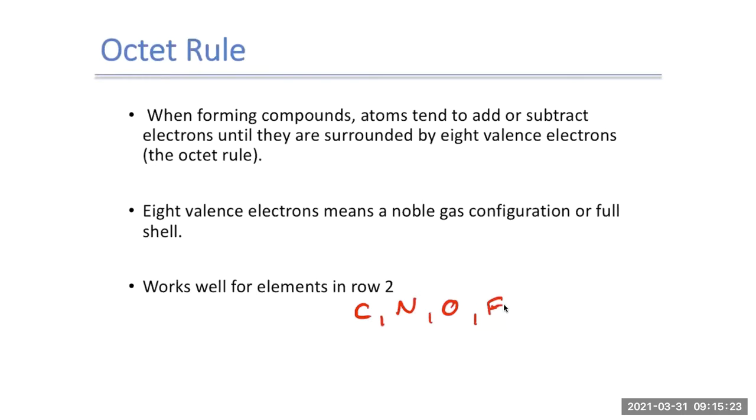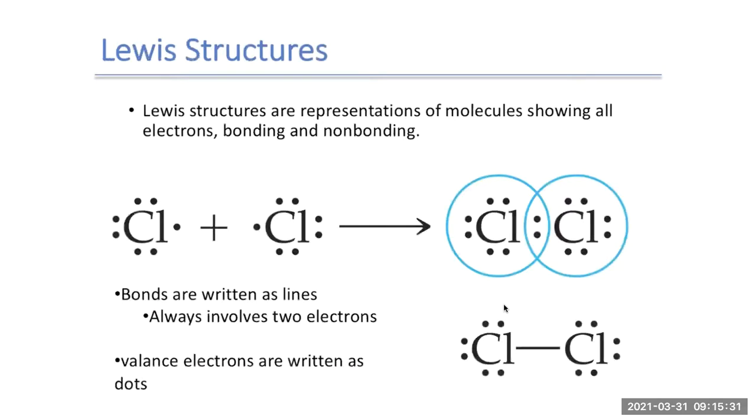So now we're going to use the octet rule to start drawing our Lewis structures, or start drawing what the structures of our covalent compounds look like. When we draw structures of our covalent compounds, we're drawing what we call Lewis structures. Lewis structures represent the molecules and show all the electrons that are bonding and non-bonding.